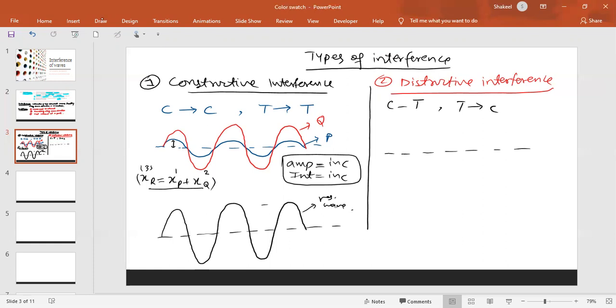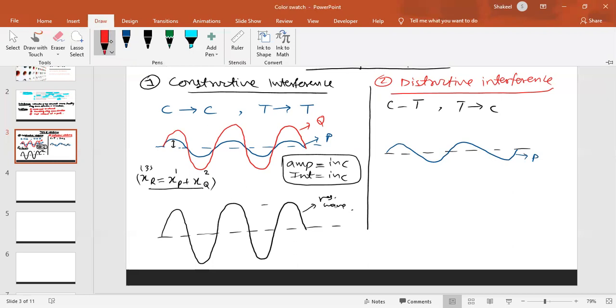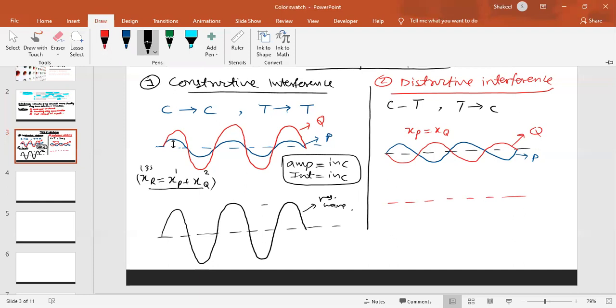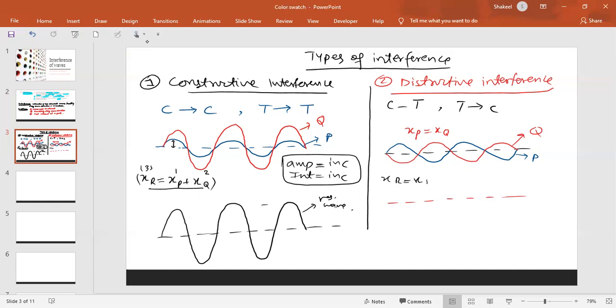So if I draw the situation for you, let's say this is again wave P, and this one is wave Q. Let's say their amplitudes are exactly equal, amplitude of P is equal to amplitude of Q. So when you apply the principle of superposition, they will cancel each other out and no wave will be formed. So this is your resultant pattern.